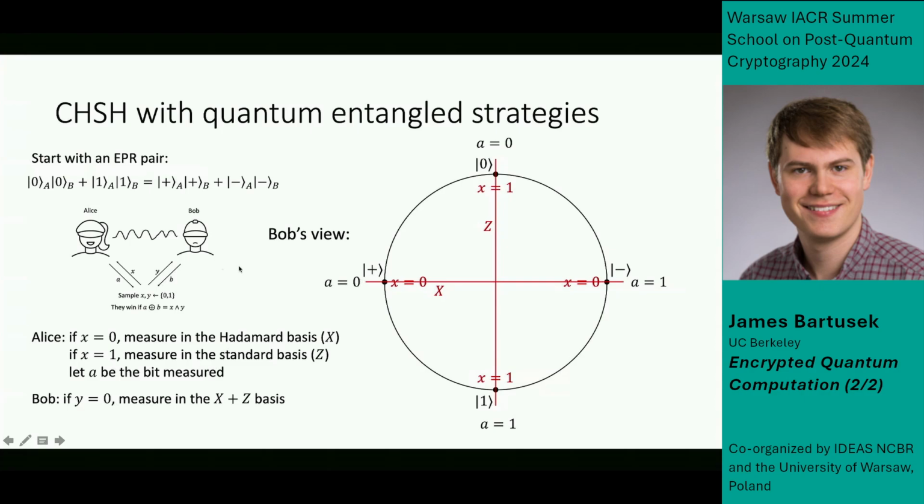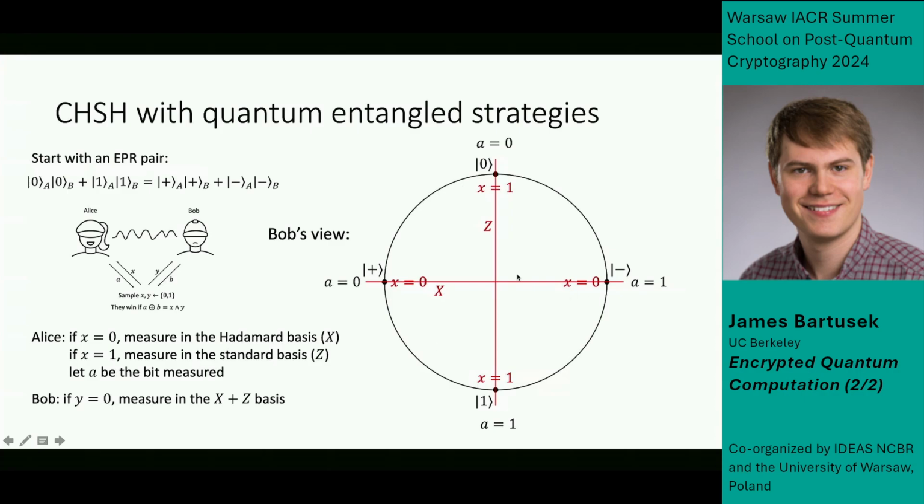So let's suppose that Bob's question is 0. Well, in that case, X and Y is equal to 0, so we know that we want Bob's answer to match Alice's answer.